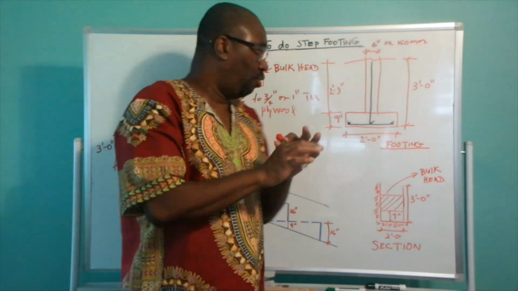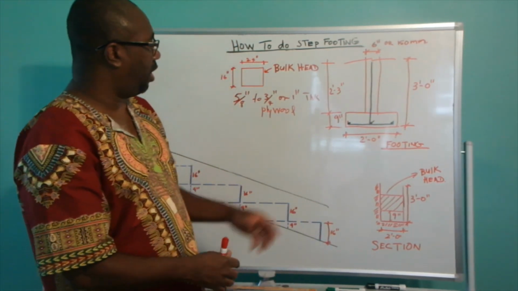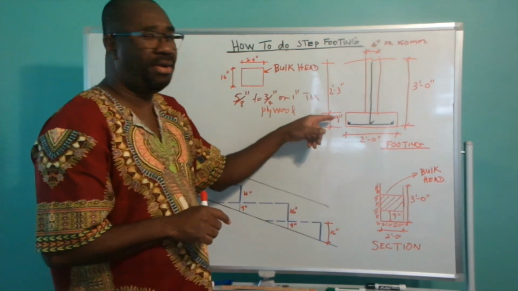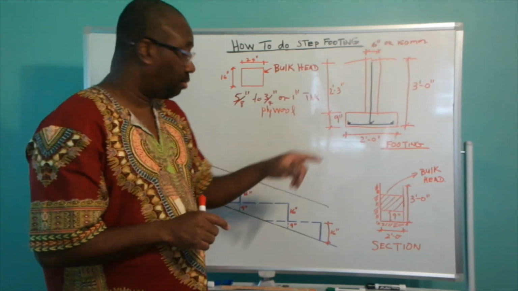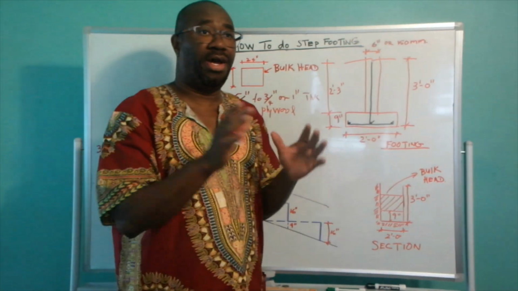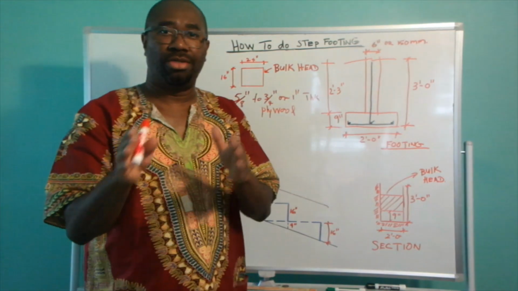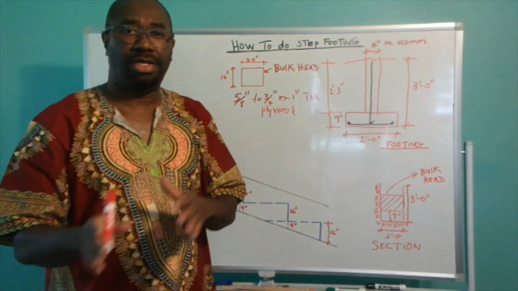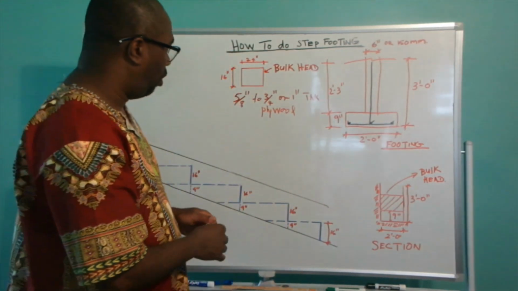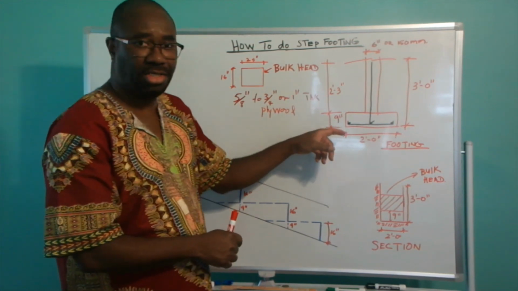And the reason for that is that you have to start out with a thickness of your footing that is higher than 9 inches. So in doing that, you're going to find out that to pour that particular footing on that slope, it is going to take some more concrete than if you're pouring on a flat piece of land. Now, the thickness of your footing is 9 inches.